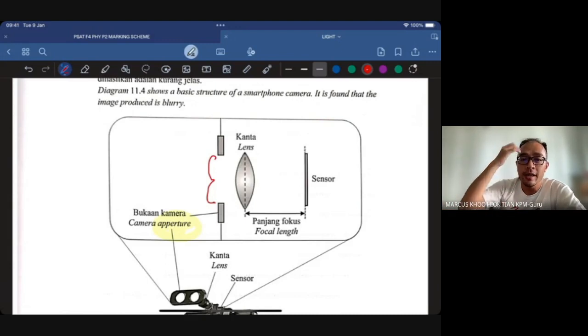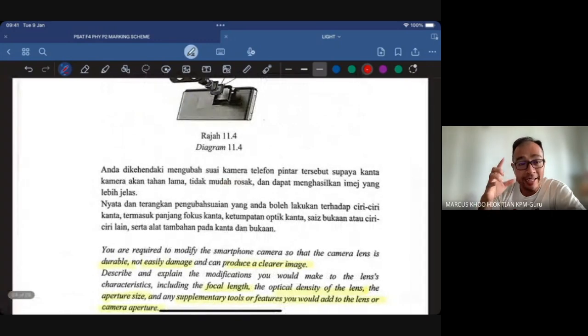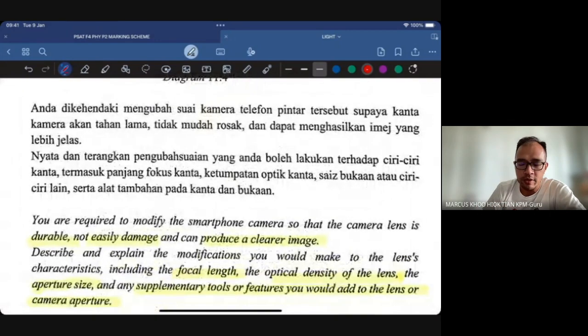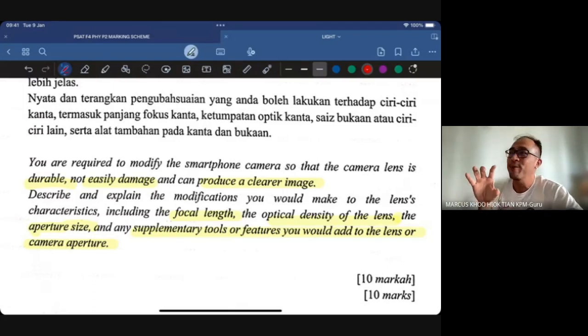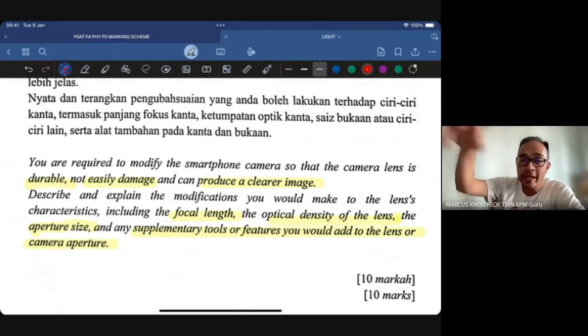So the problem with this is the clearer image part. The reason why this question was a little bit funny is, what is your idea of a clearer image? If so far nobody is correcting me, I'm very scared that I'm doing this wrong. If the aperture is very small, then the object in front of you is in focus and everything else is not in focus.